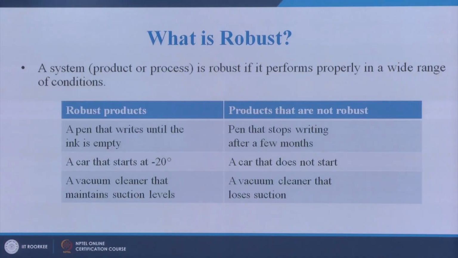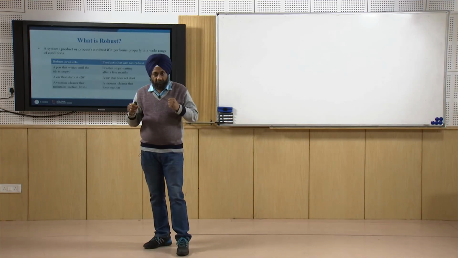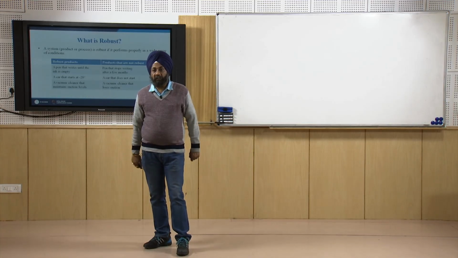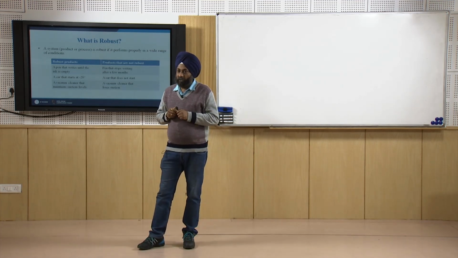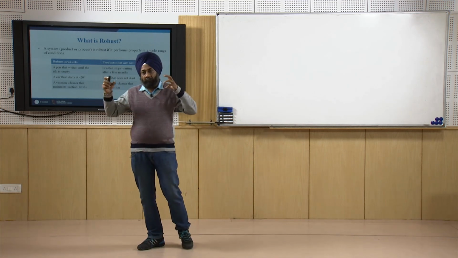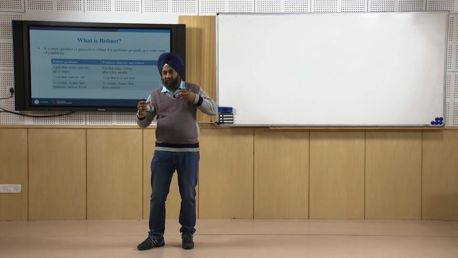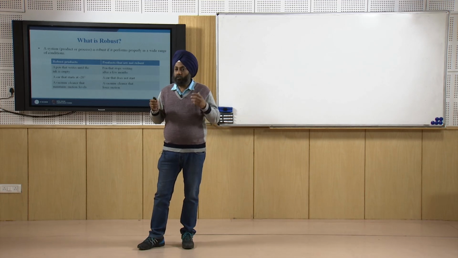Now a system, in our case a product, is robust if it performs properly in a wide range of conditions. So robust means it should be able to sustain under different conditions. Usually we say he has a very robust body, which means that the effect of temperature, humidity, sweating and a little bit of cold does not affect his body.